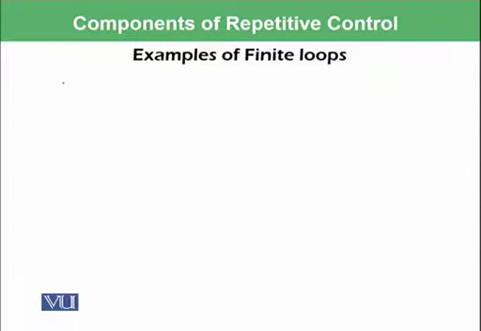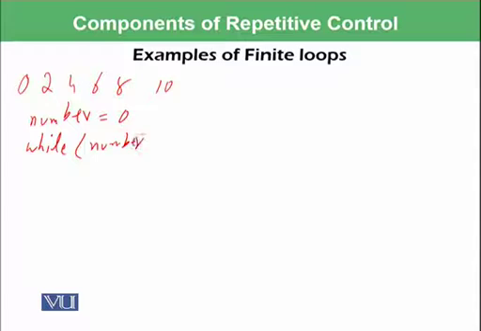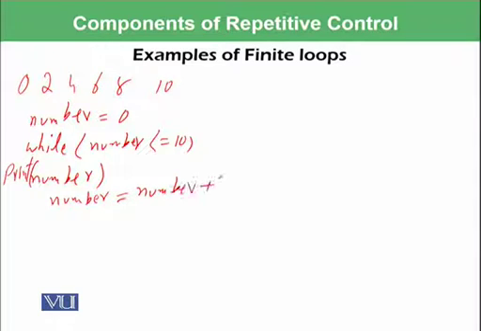For example, our problem is that we want to print 0, 2, 4, 6, 8, 10. So what can we write? Number is assigned 0, while number is less than or equal to 10, number is printed, and the modification: number is assigned number plus 2, because we want an iteration of 2.